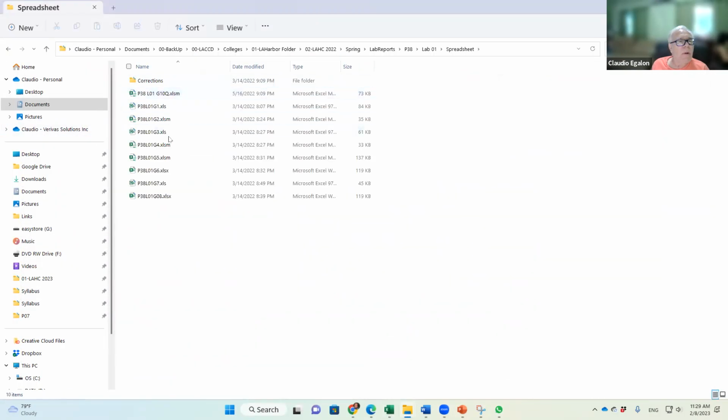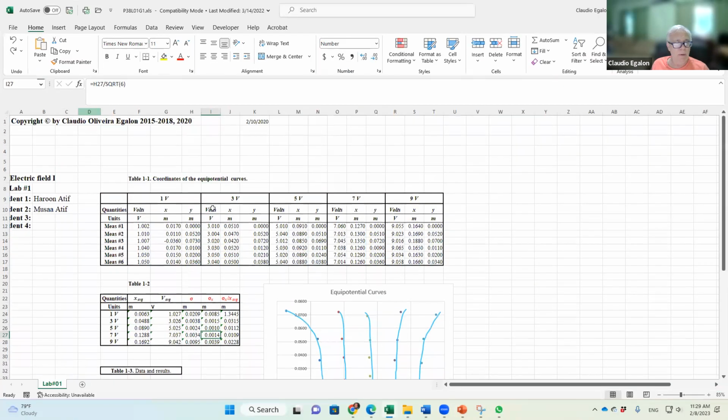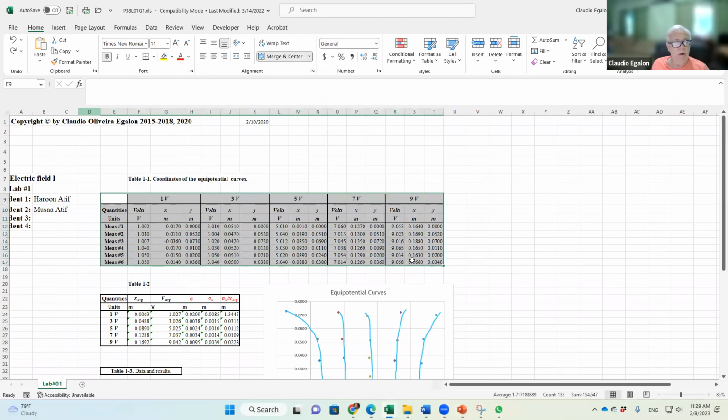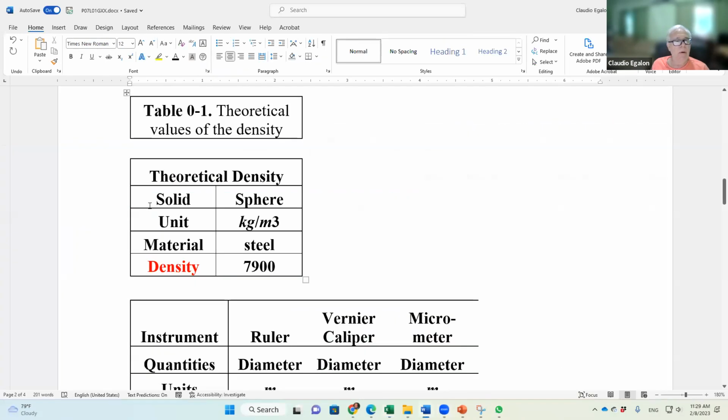Spreadsheet, corrections, lab 01, group 1. So here you go, that's one of the tables. You're going to copy each of those tables and paste it in your document.